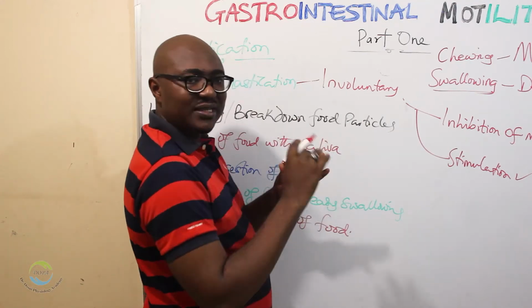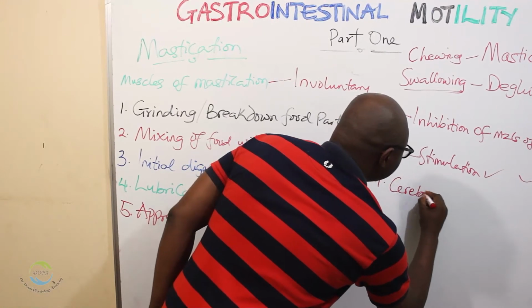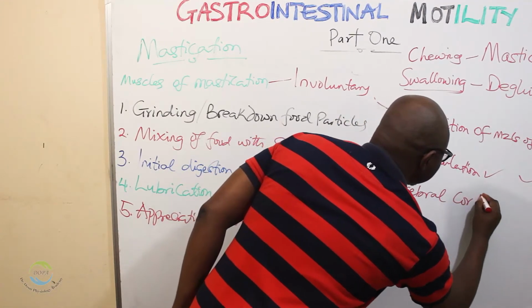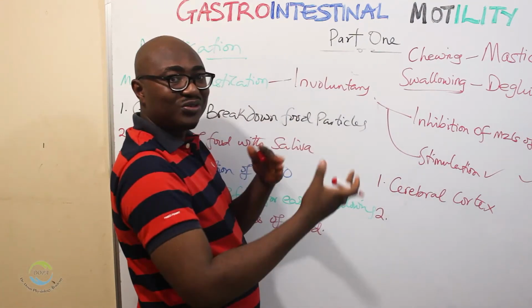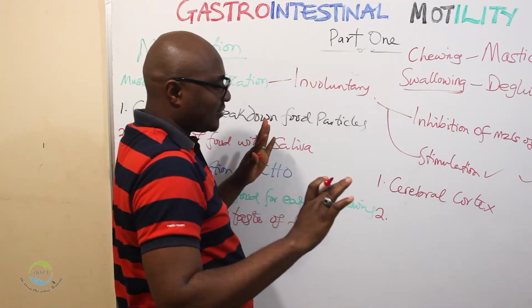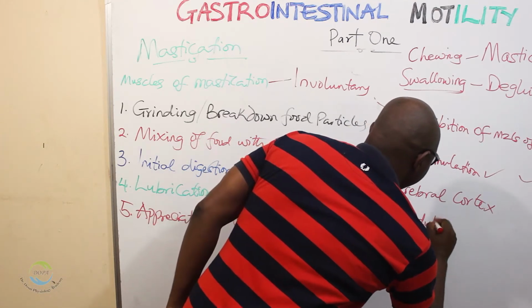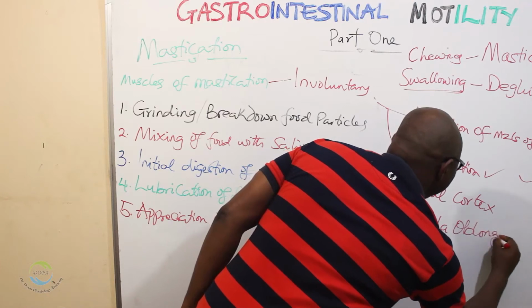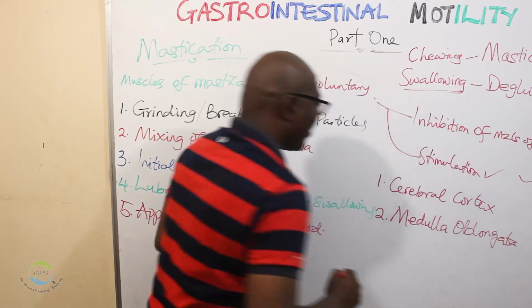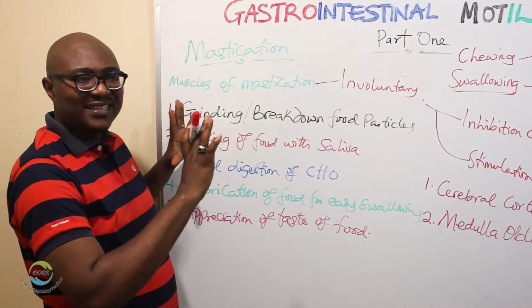So the control centers can be one, cerebral cortex. Number two, the part that controls the involuntary aspect is the medulla oblongata. All right. So this is what you need to know about mastication.